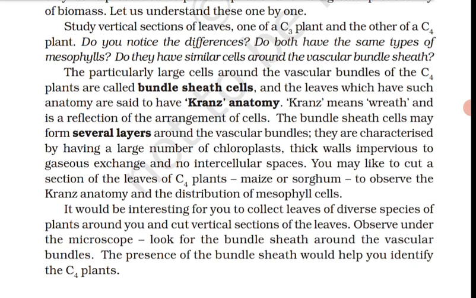The primary CO2 acceptor is a 3-carbon molecule phosphoenol pyruvate, PEP, and is present in the mesophyll cells. The enzyme responsible for the fixation is PEP carboxylase or PEPcase. It is important to register that the mesophyll cells lack Rubisco enzyme.